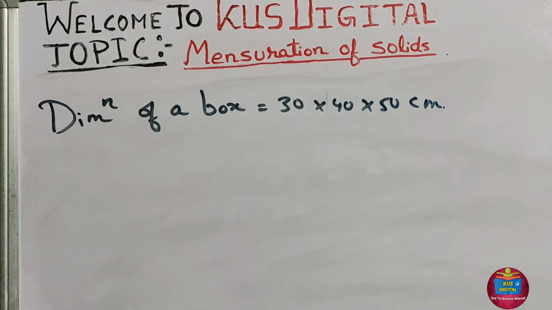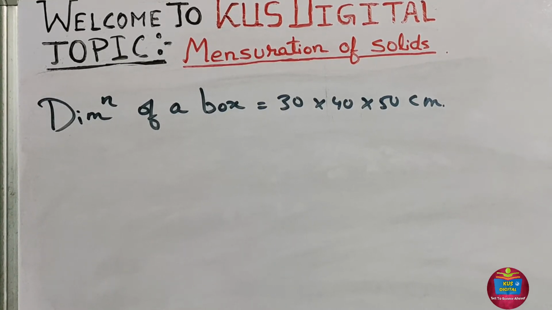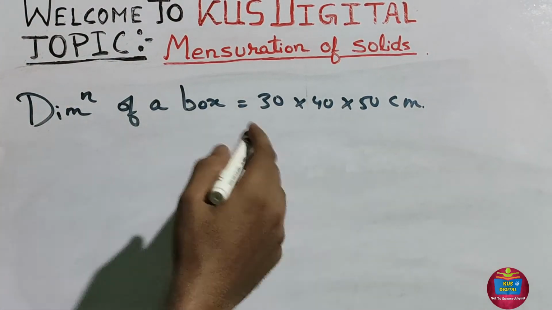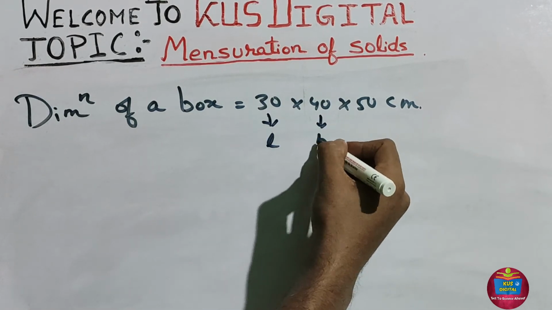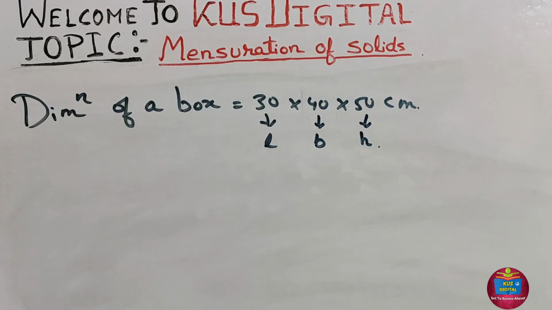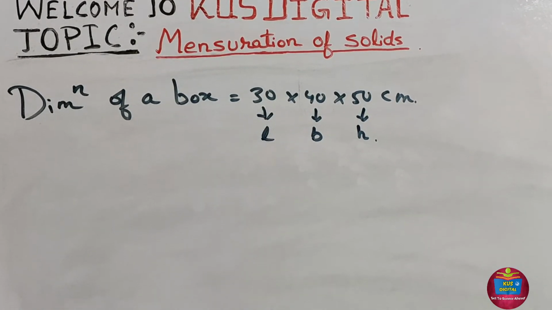Now find the cost of tin required for manufacturing 20 such boxes if the price of tin is rupees 10 per meter square. As this is the dimension, this is the length, this is the breadth, and this one is height.